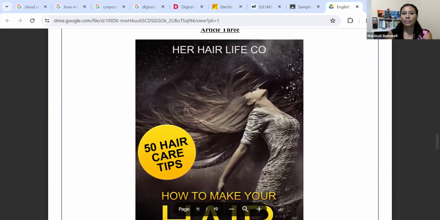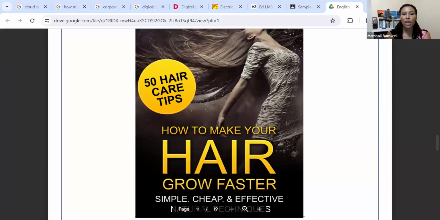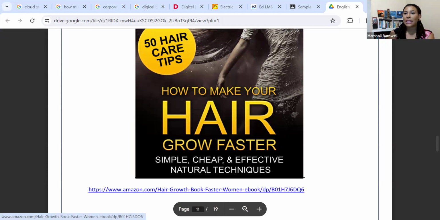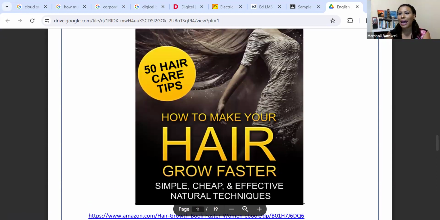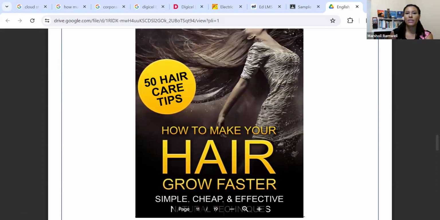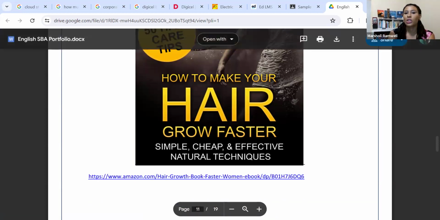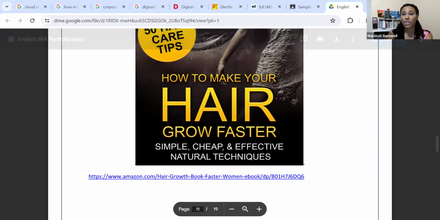Lastly, her third artifact is a book called "How to Make Your Hair Grow Faster: Simple, Cheap, and Effective Natural Techniques." This book was found on Amazon, so it could have been purchased there, and she gave the link to the Amazon ebook version.